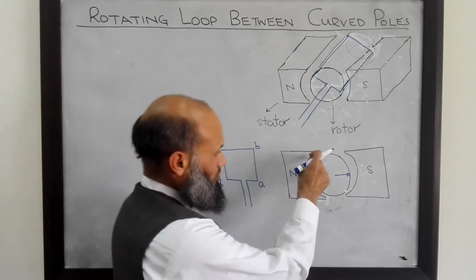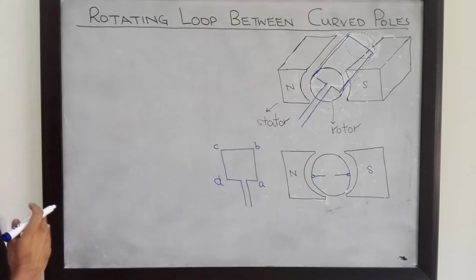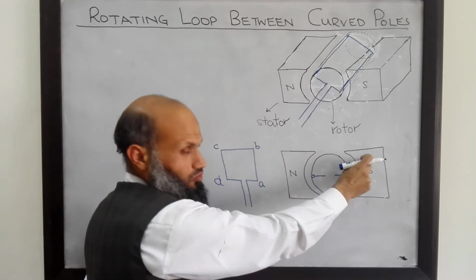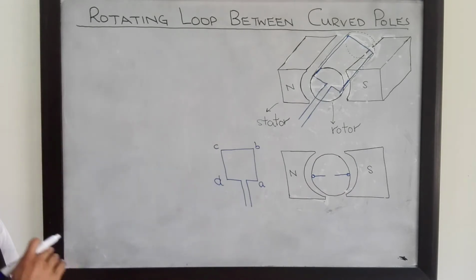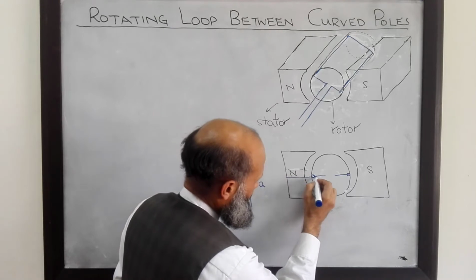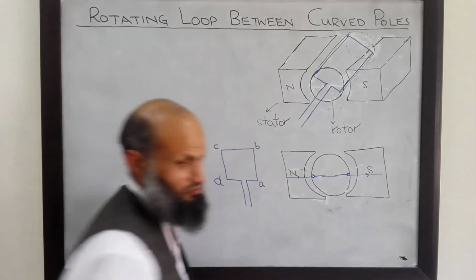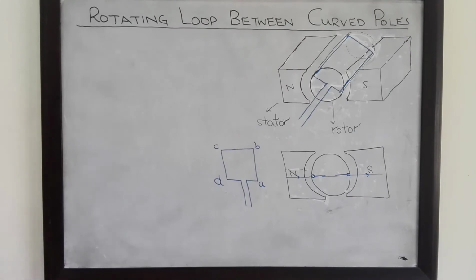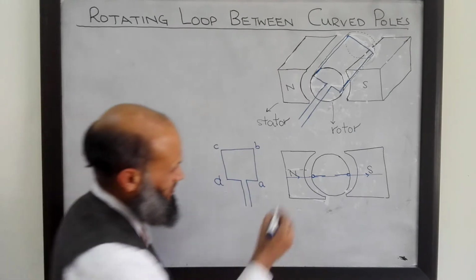Here we know that flux lines always flow from the north pole to the south pole, and flux lines follow the shortest reluctance path. So here are flux lines which flow from the north pole to the south pole, and furthermore these flux lines follow the shortest reluctance path.